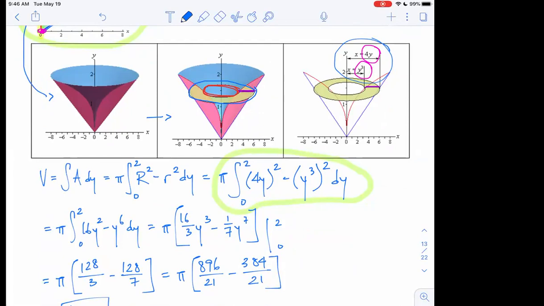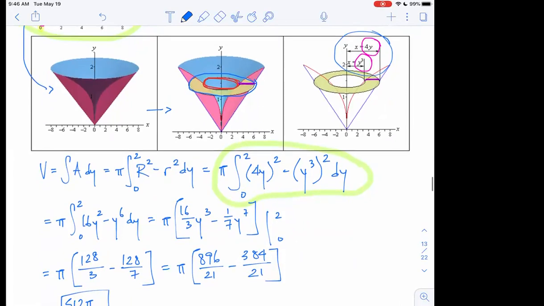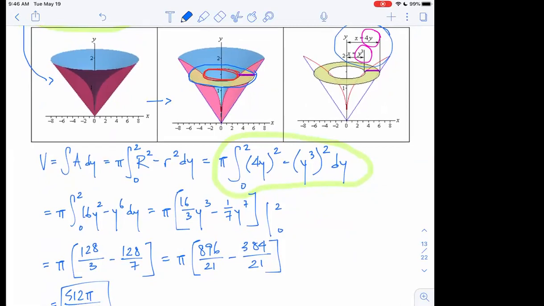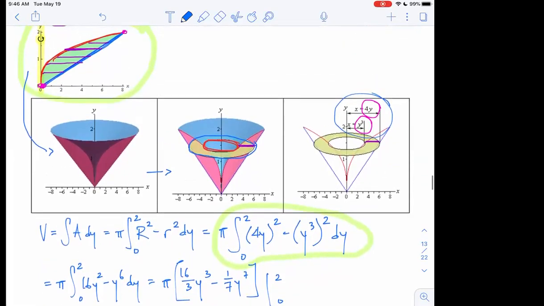So that's something that you should be super proud of because I think that's a hard thing for folks to understand. So we were able to find our big radius and our little radius based off of our diagram.